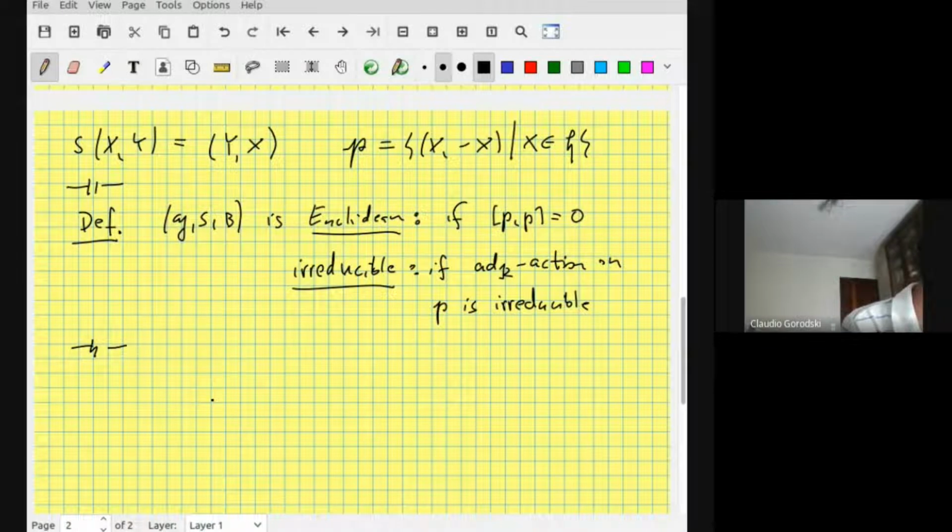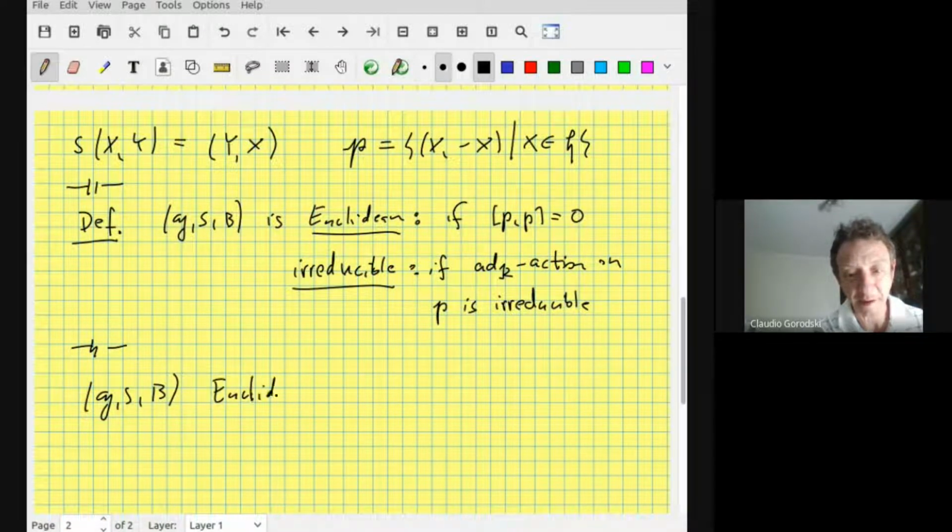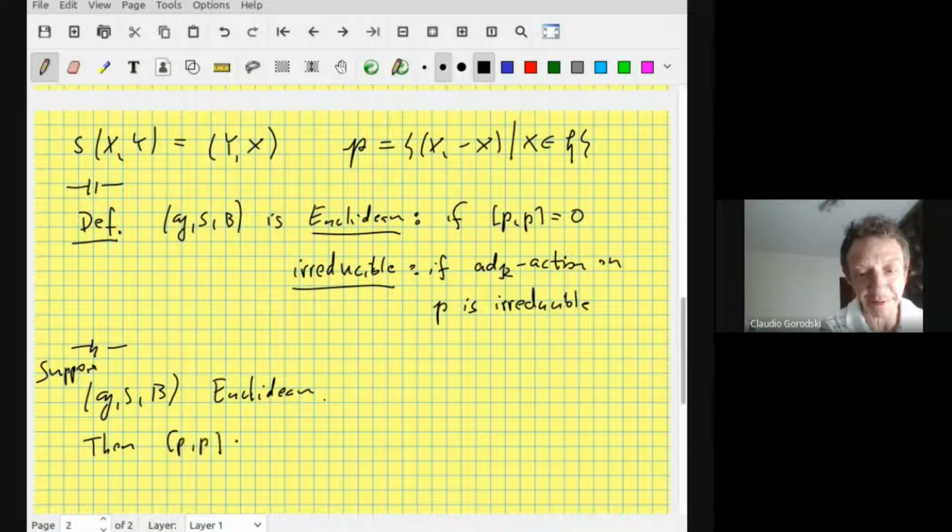And this is not difficult to see. Because, well, maybe I can show this. Suppose this is Euclidean, then of course this is the definition, P bracket P is 0, right?